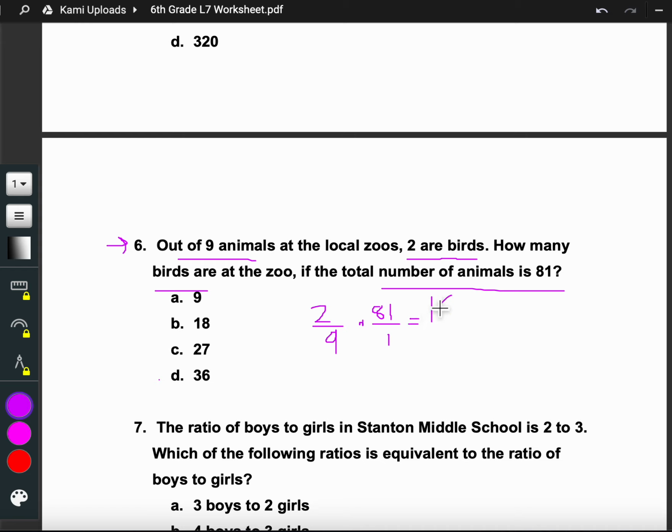So this should be 162 divided by 9. I'm going to put it into the calculator. So 162 divided by 9 should get us 18.